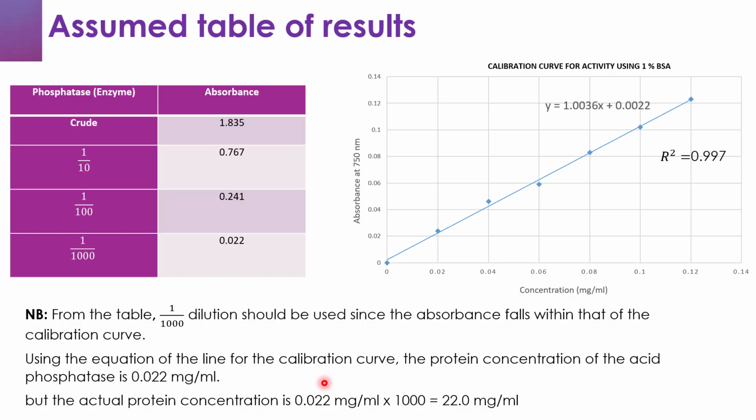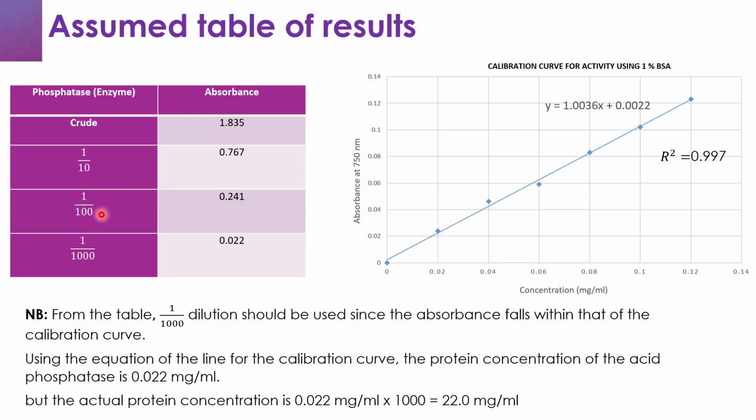So let us look at our assumed table of results. As we can see, this happens to be our enzyme, which is the acid phosphatase, and these are the measured absorbance values for each. If you look at the crude, we have an absorbance value of 1.835, and for the 1 in 10 dilution, we have an absorbance value of 0.767.